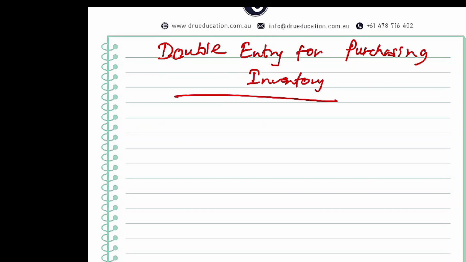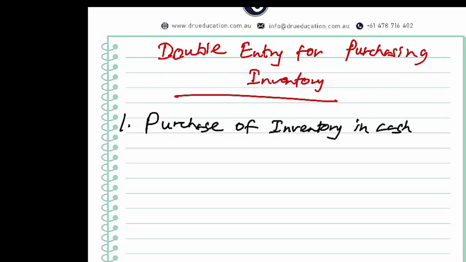There are two types of purchasing inventory. Number one, purchase of inventory in cash with GST. Otherwise, say with GST, don't say plus. Say with GST.